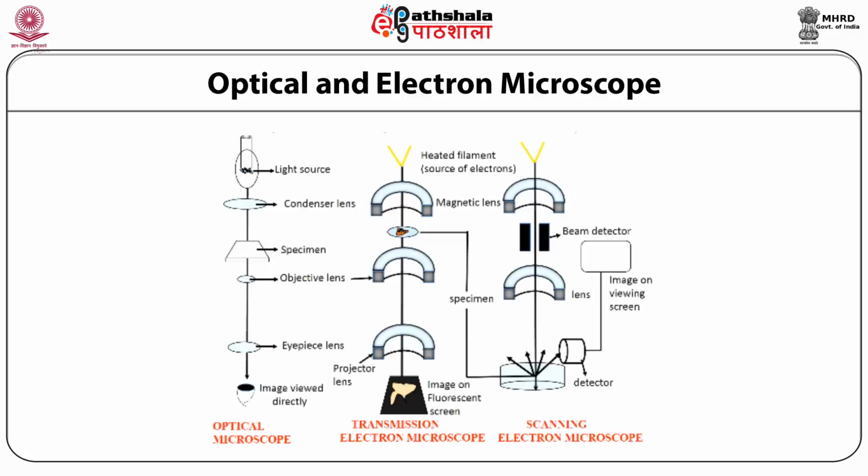Generally, objects with dimensions less than half the wavelength of the microscope's illumination source cannot be visible under the microscope. Optical microscopes use visible light, which has a minimum wavelength of 400 nanometers, and cannot image objects smaller than 200 nanometers.